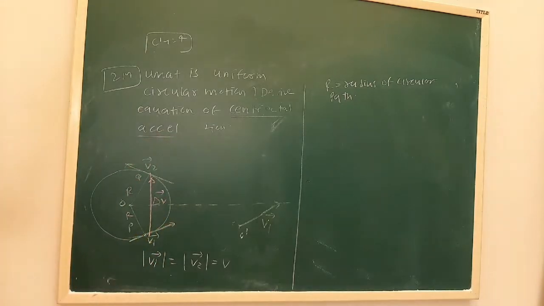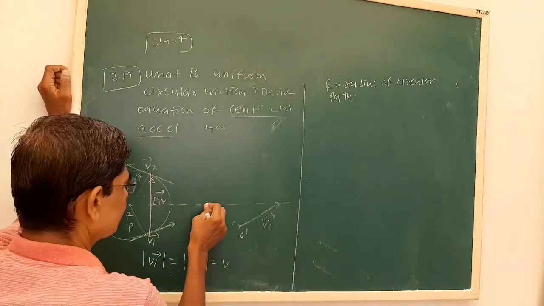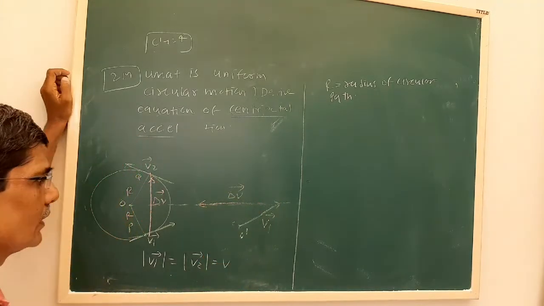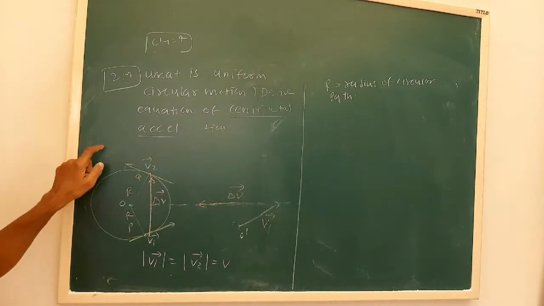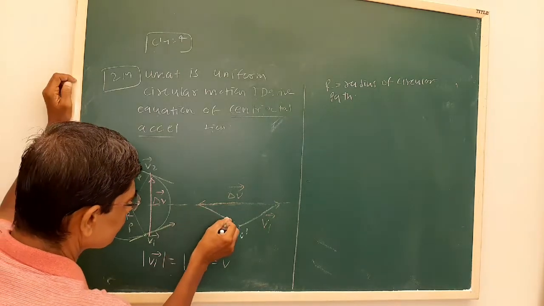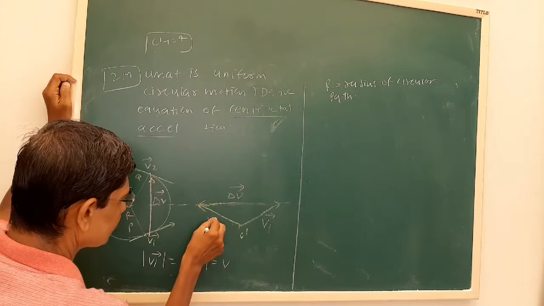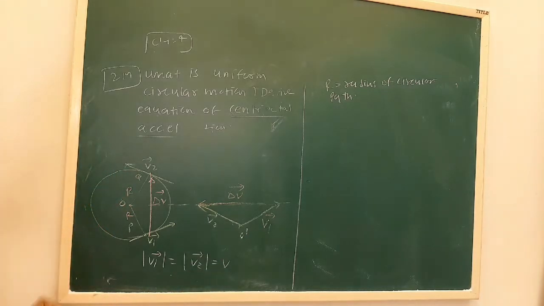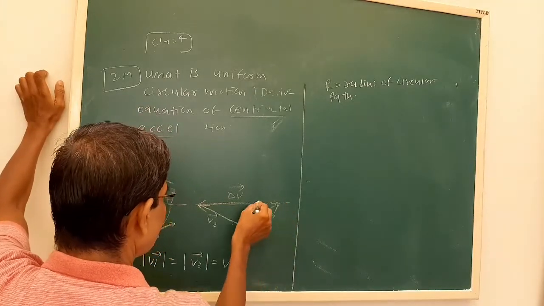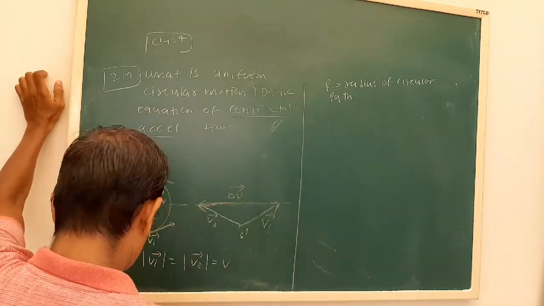Now see the change in velocity, that is delta V. Okay, and the final velocity, by keeping its magnitude and direction the same. See what we have used here, the triangle law. On the head of the vector V1, the tail of the delta V, and the third side is this.